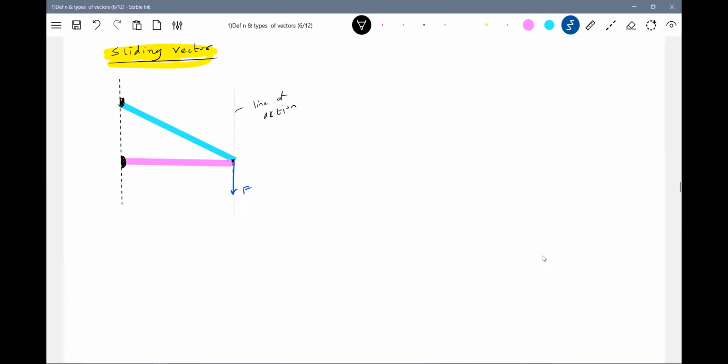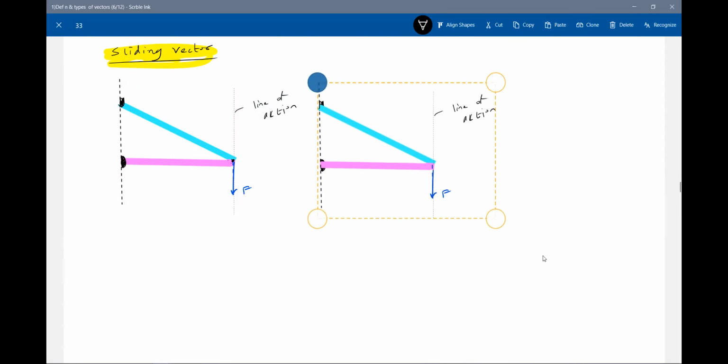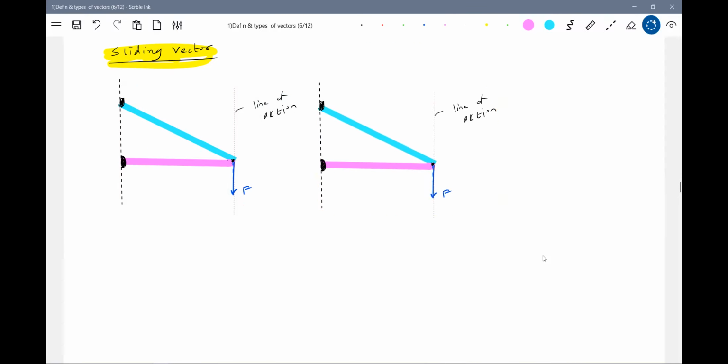And after some time, they can also move. They'll undergo displacement, in the same diagram. You can see the hinge position will not change. The hinge position will be there as it is.